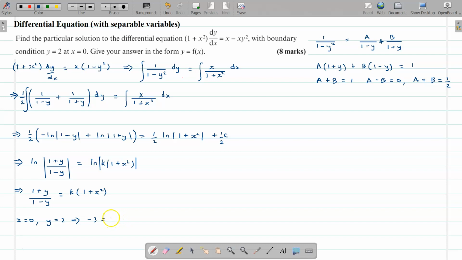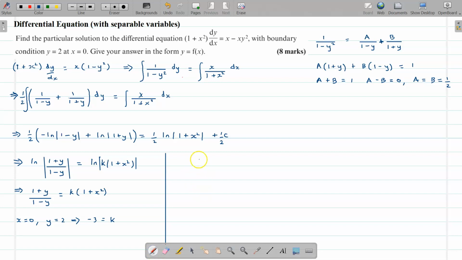Minus 3 equals k. So k is minus 3. And so the next thing we need to do is go to this side here, and we just need to finish this off by replacing k with its value.